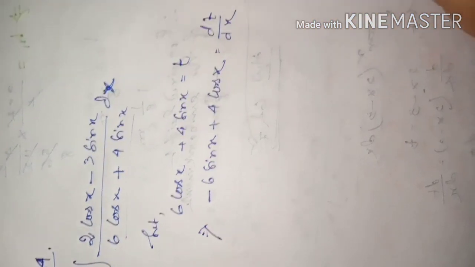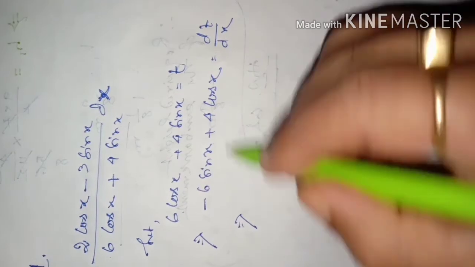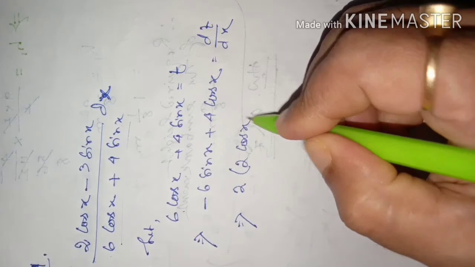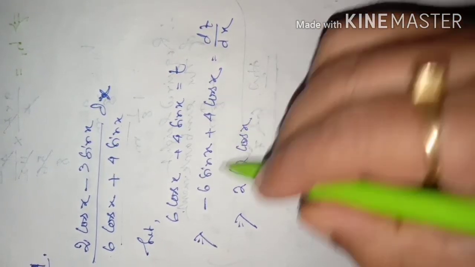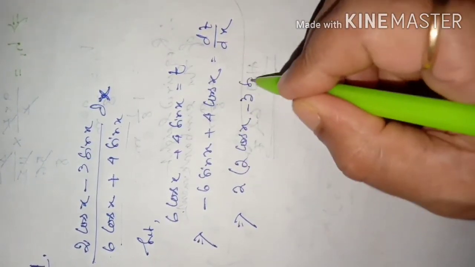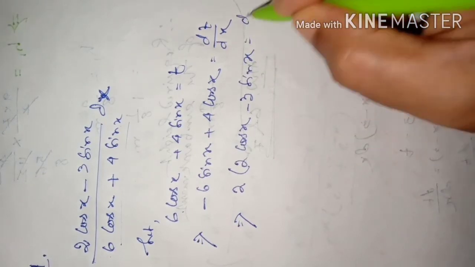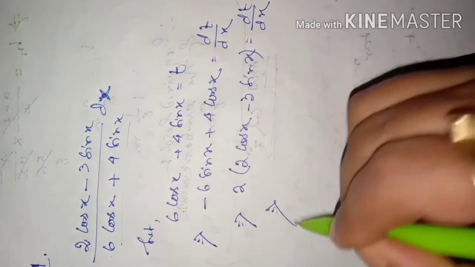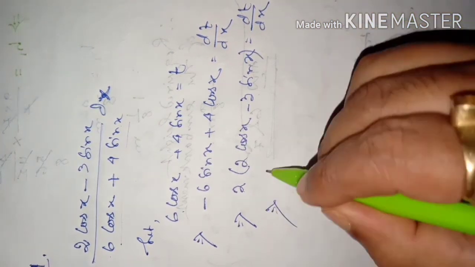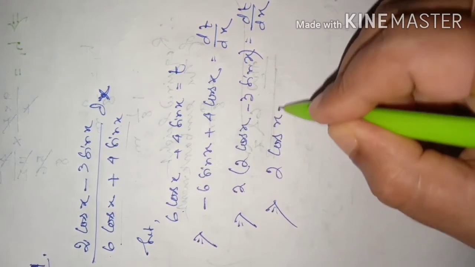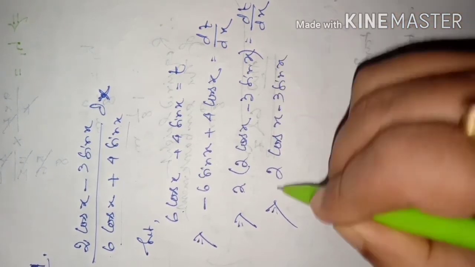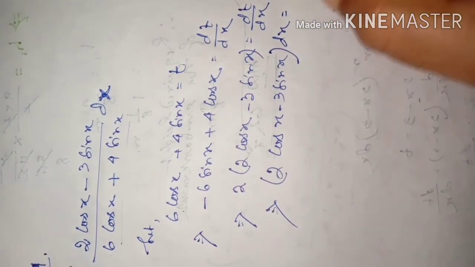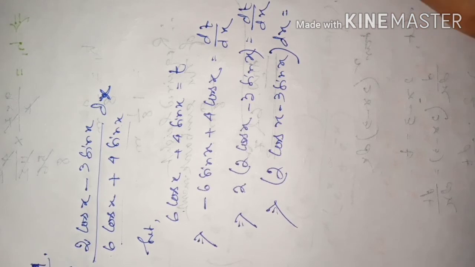So from this what you can say, if we take a 2 common here, then it will be 2 cos x, and this will be minus 3 sin x is equal to dt over dx. Then from here, if we take this 2 to that side, 2 cos x minus 3 sin x into dx is equal to dt by 2.